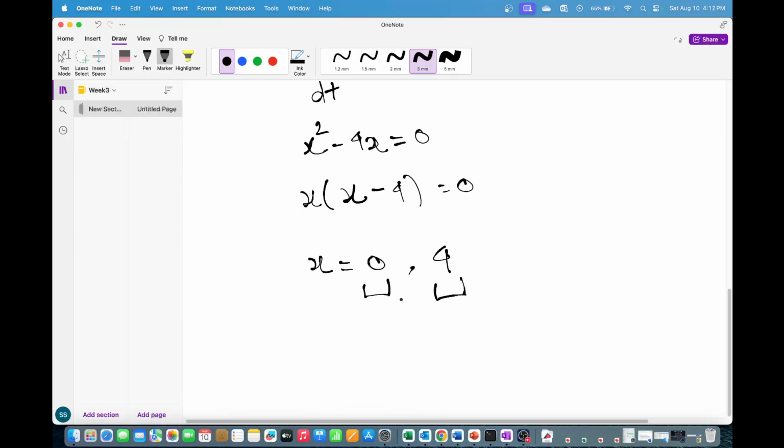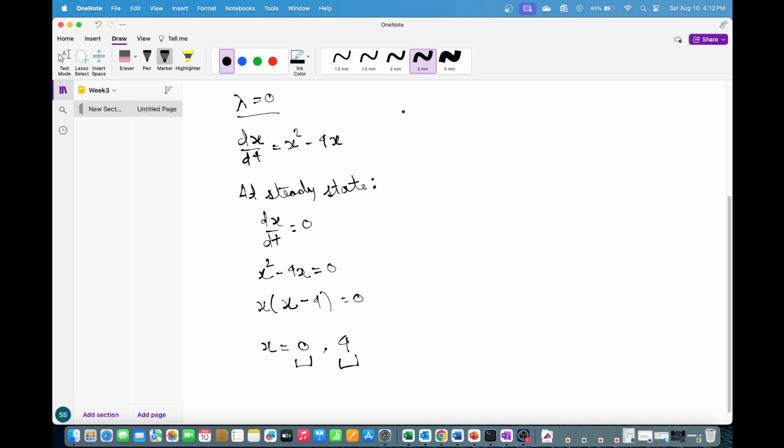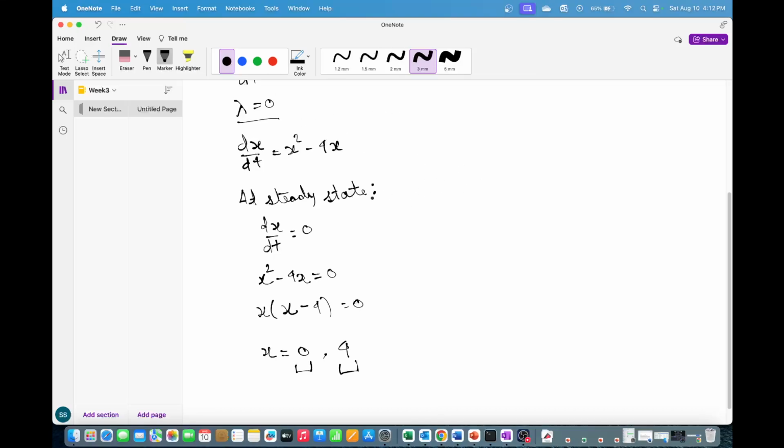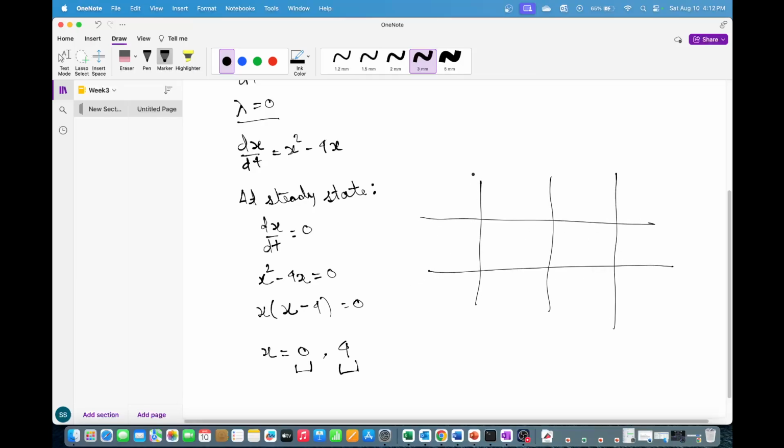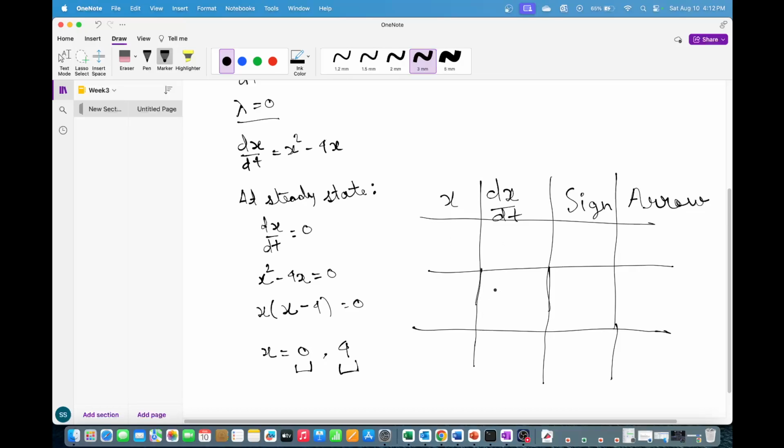Okay, now let's try to check that. dx/dt equal to 0 at x equal to 0. So let's first take x equal to 0. This is your x, this is your dx/dt, this is your sign, and this is your arrow. dx/dt equal to 0 at x equal to 0, so there's no sign.